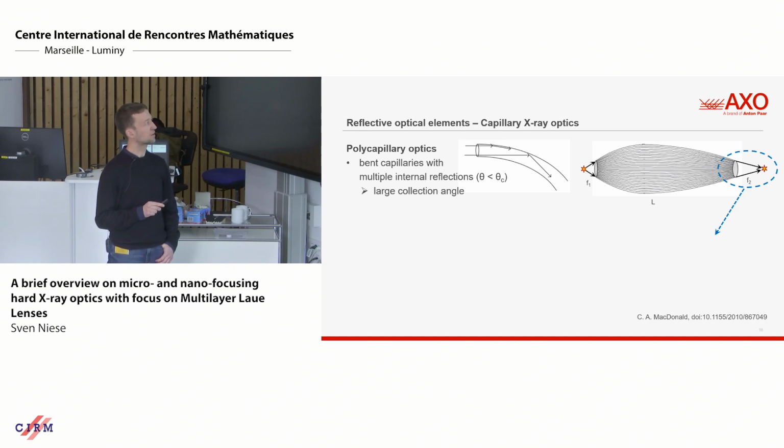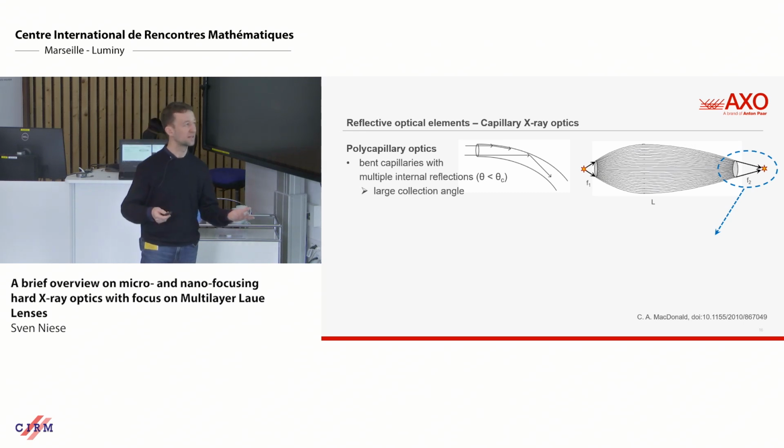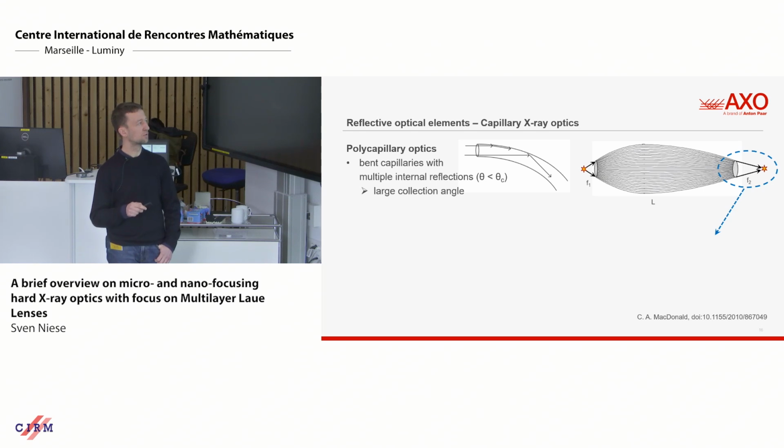X-rays that come in and hit the surface below the critical angle are reflected and make it all the way through the capillary. Then you take a bundle of these and shape it so that it's small at the beginning, gets wider, and then tapered toward the end. You can use this to collect a lot of X-rays and transfer them to a secondary focus.